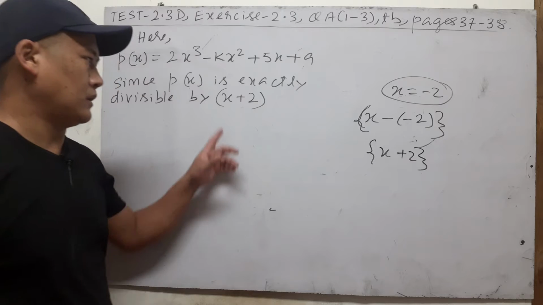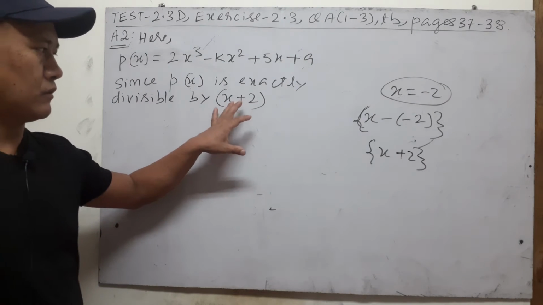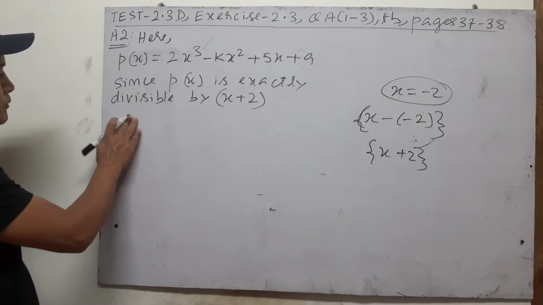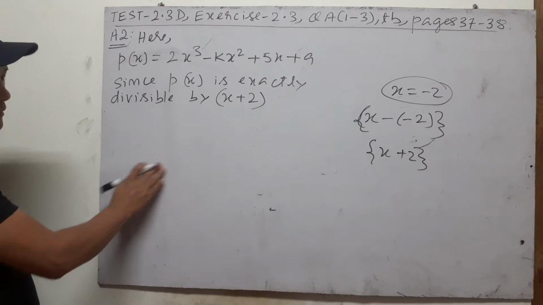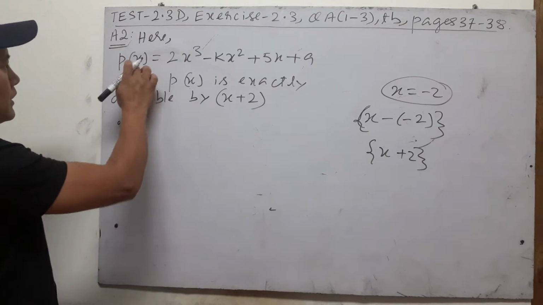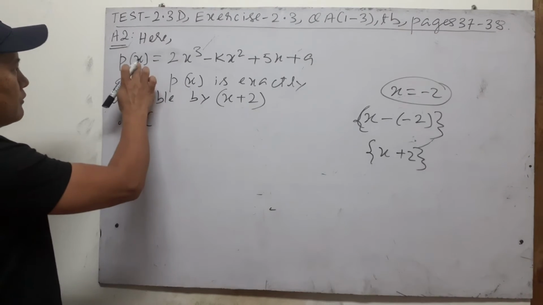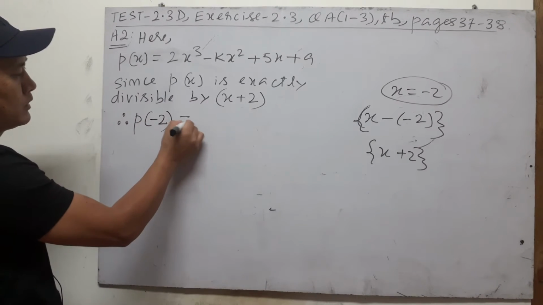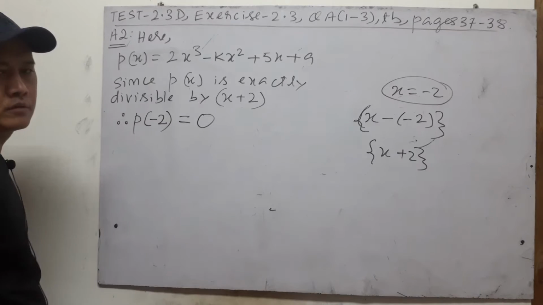What we're saying is that this x plus 2 has come about because one of its zeros is minus 2. Therefore, one value of x is the opposite sign of this plus, minus 2, and p of minus 2 will be equal to 0.